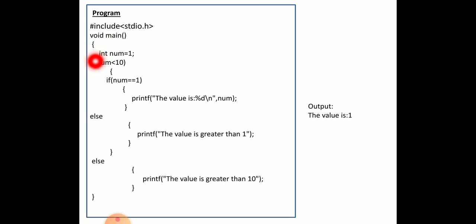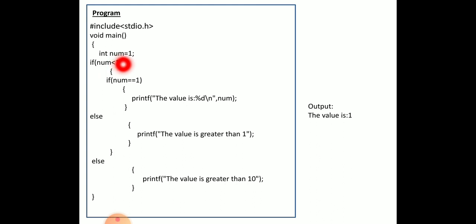Inside the main function, the first statement is int num = 1. This statement is used for variable declaration. As we have learned, for variable declaration we must first specify the data type. Here our data type is int, and num is our variable name.